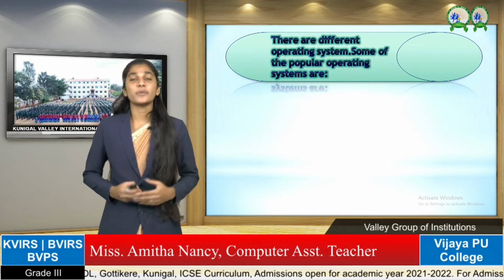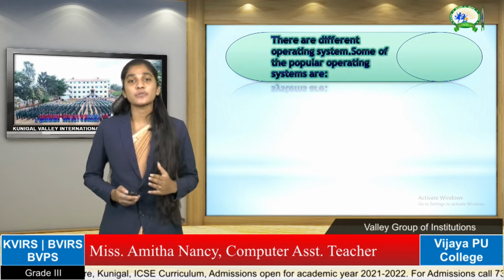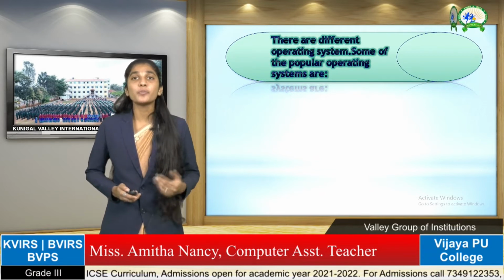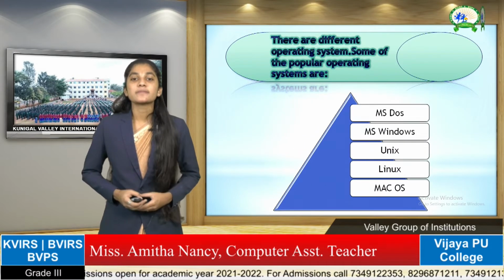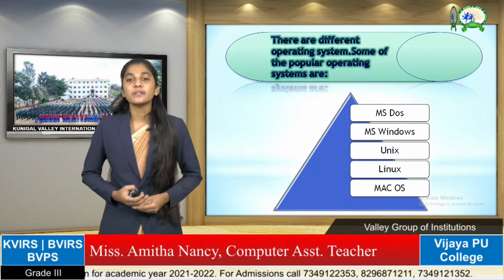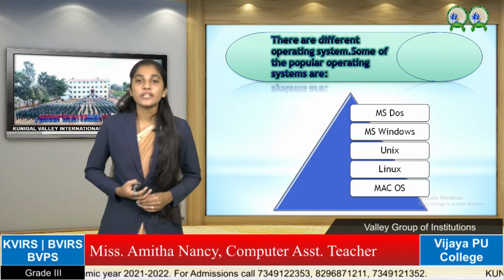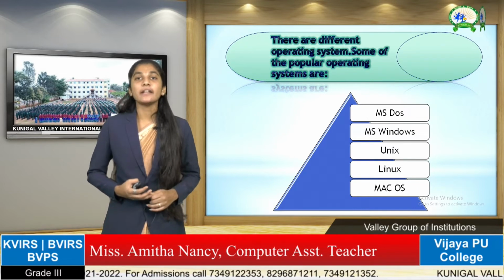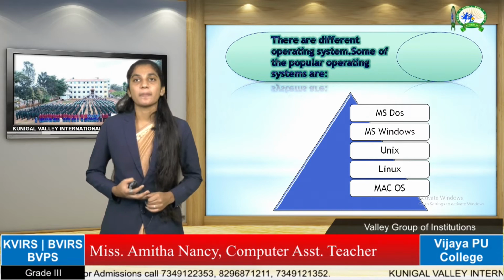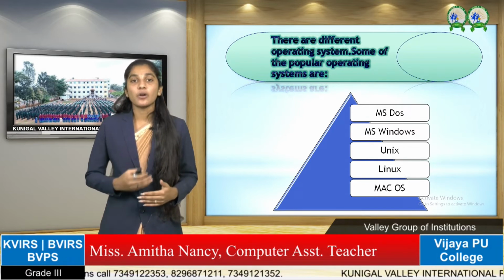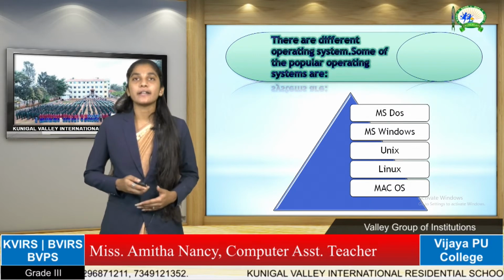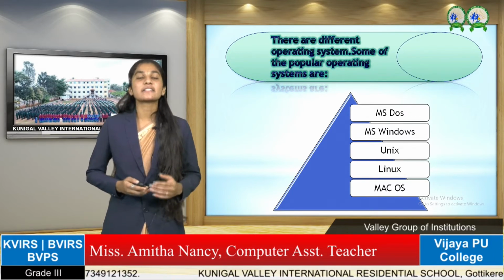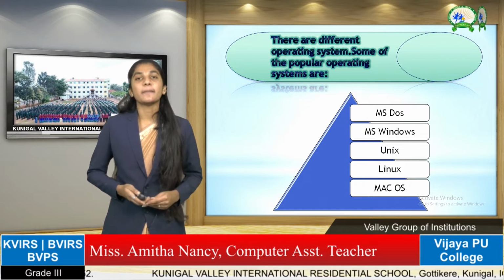Next, under operating system, we have different types of operating systems. Some of the popular operating systems are MS-DOS, MS Windows, Unix, Linux and Mac OS. All these are different operating systems.